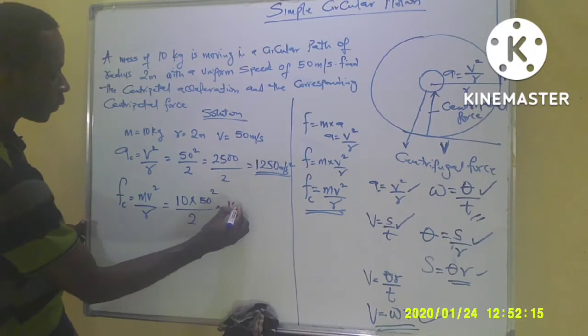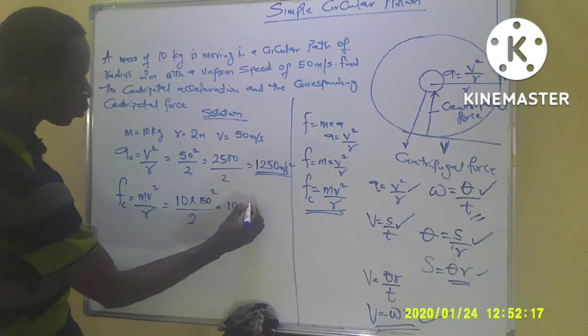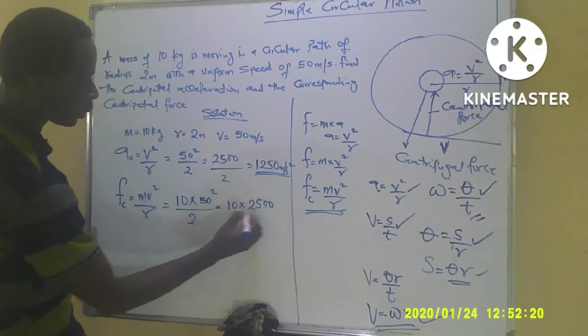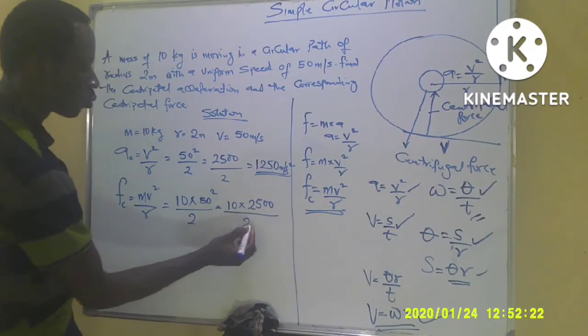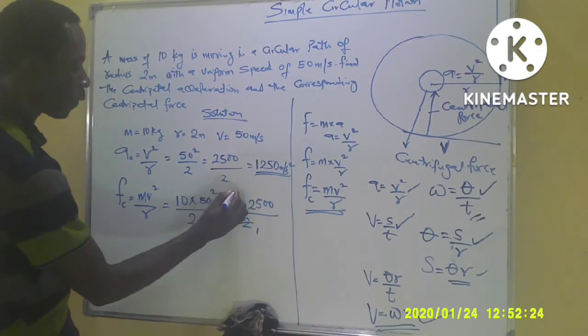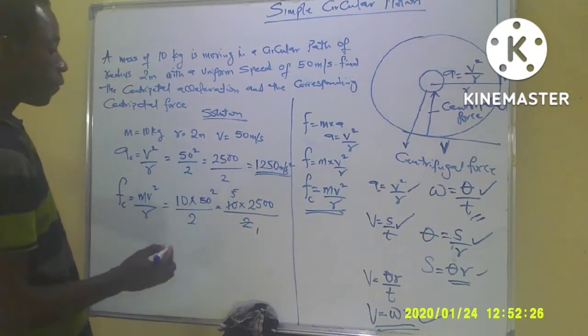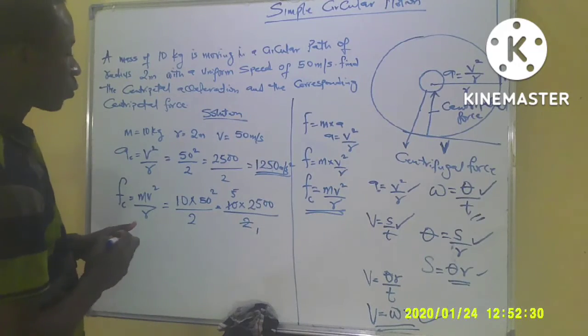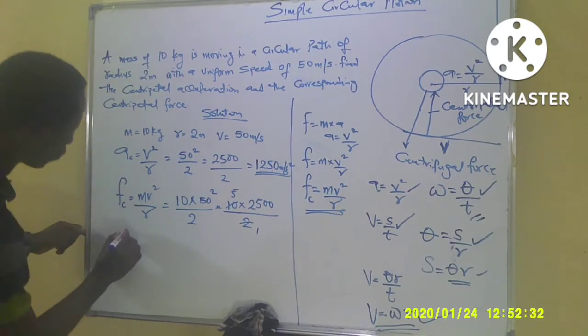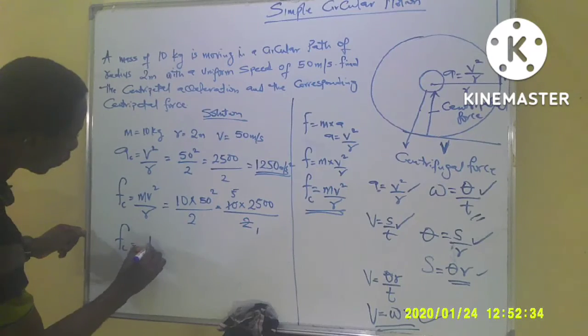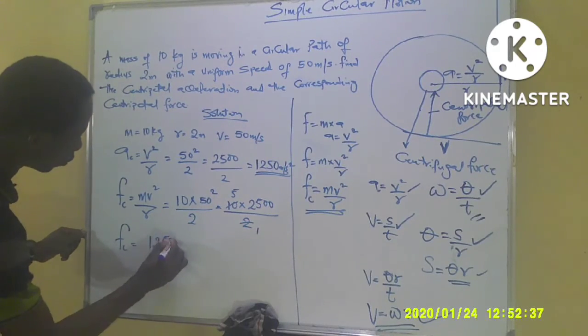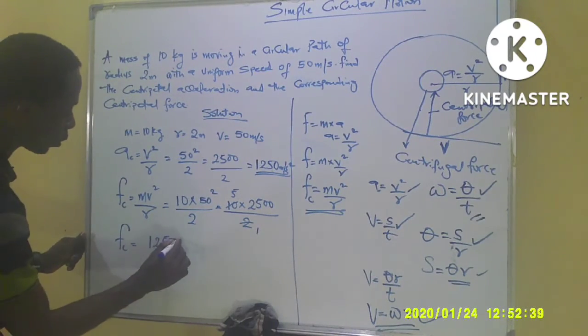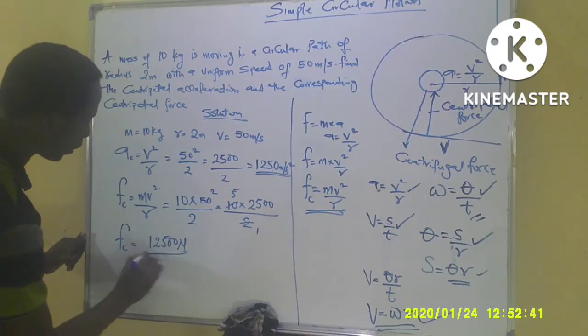So at the end we are going to have 10 times 50 squared, which gives us 2,500, all over 2. 2 into 10 is 5. 2,500 times 5 gives us 12,500. So the centripetal force is 12,500. So what's the unit? Newton. So that's the answer.